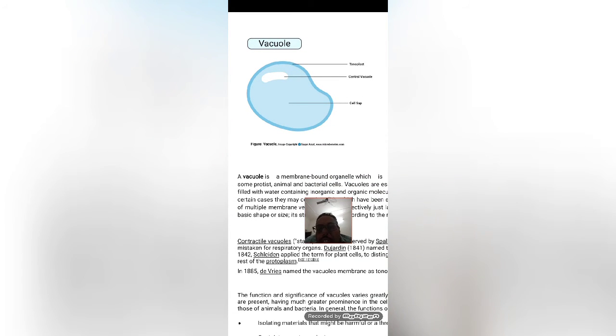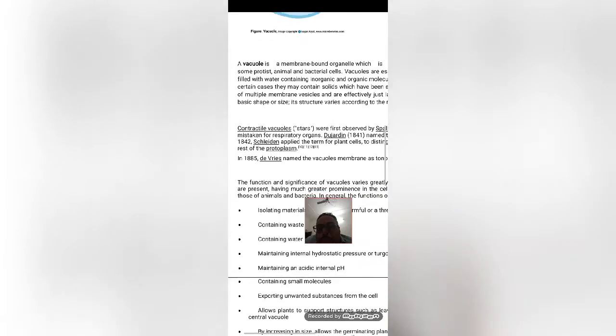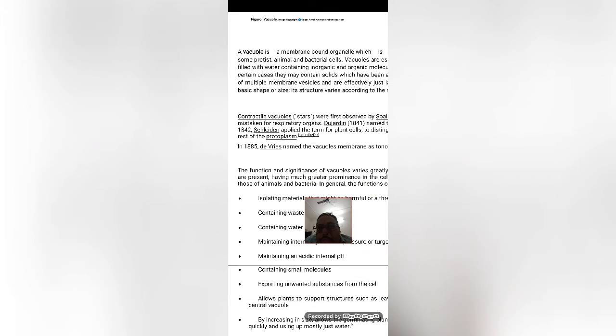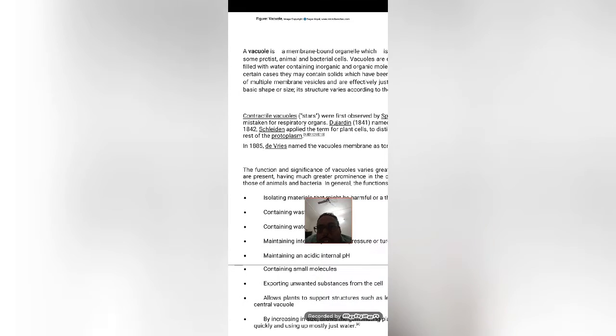Historically, the first person to discuss this was Spallanzani, who described the contractile vacuole, which we see in some lower forms of organisms like paramecium. Then De Vries said that the outer membrane of the vacuole is known as tonoplast.